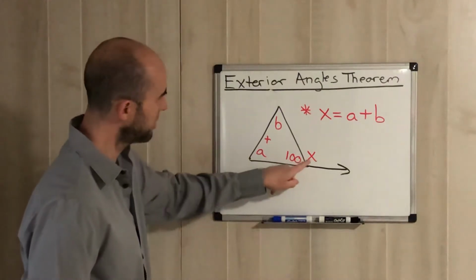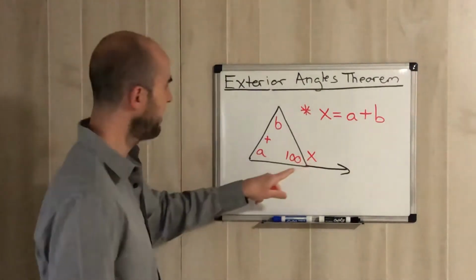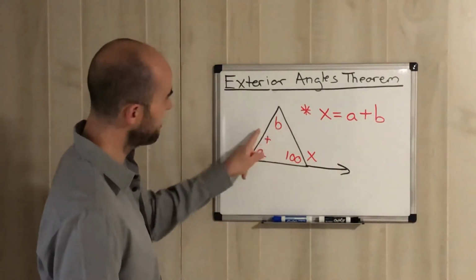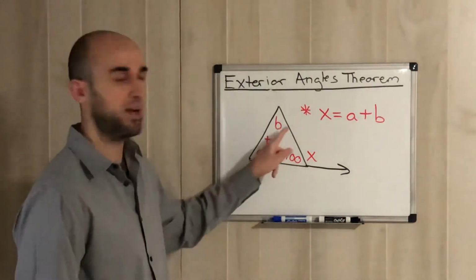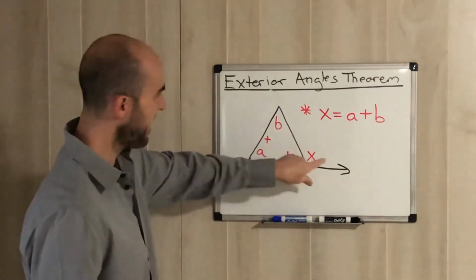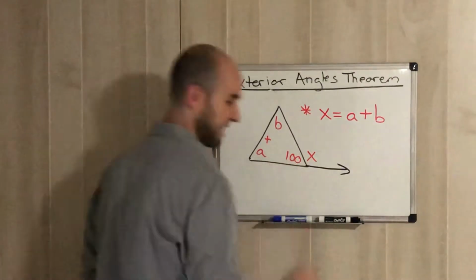If that's 100, automatically that's 80, because those two add up to 180 on a line, right? If this is 100, what's left over is 80 because, again, the triangle adds up to 180. So if that's 100, those two have to be 80, 80, 80. That's why they're always the same, because, again, it's this common angle that they share.